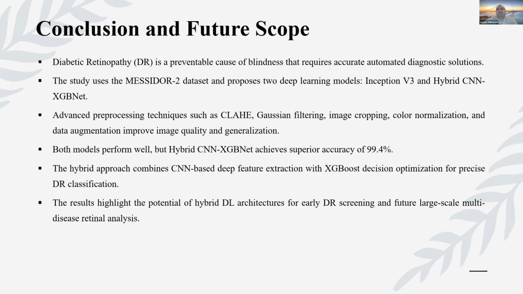Definitely there is some future work required, which includes multi-disease retinal analysis, because right now I'm concentrating on only one specific area, diabetic retinopathy, but at a later point of time we can explore other areas. Then clinical validation and integration with real-time healthcare systems, like any patient service application which can be integrated with this sort of model.